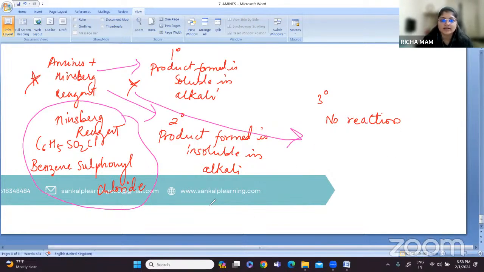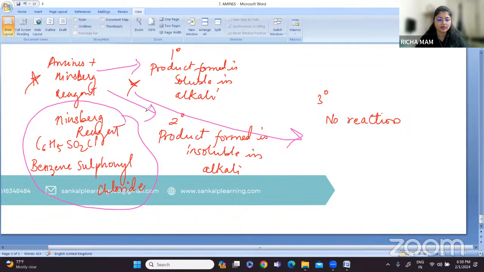Priyanka has answered it here: primary is soluble in alkali, secondary insoluble, tertiary no reaction. Good. Then bromine reaction we have seen. So these are the important things to be covered from this chapter.